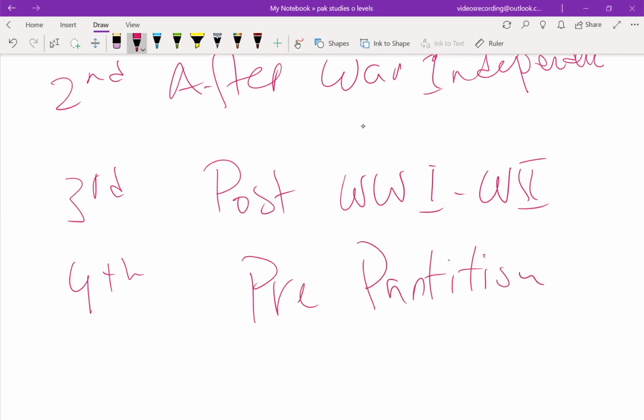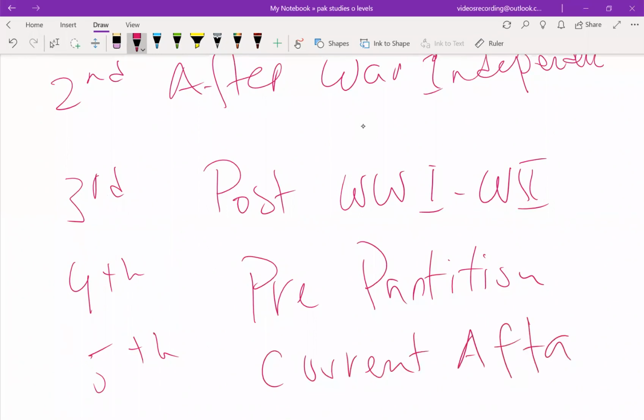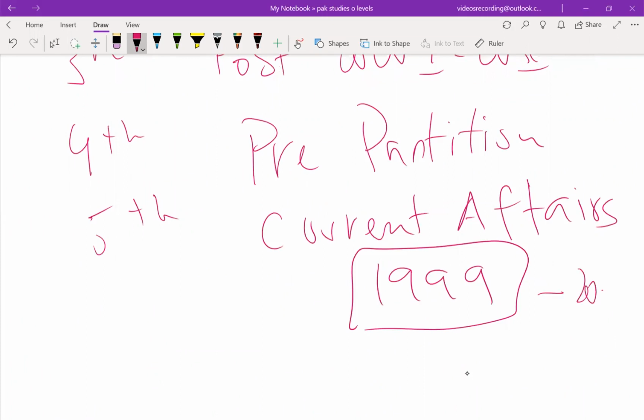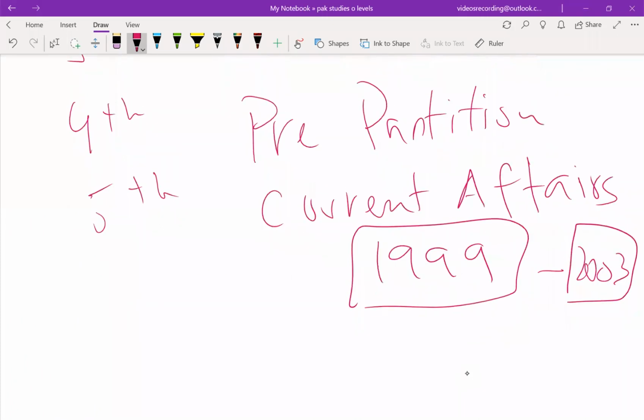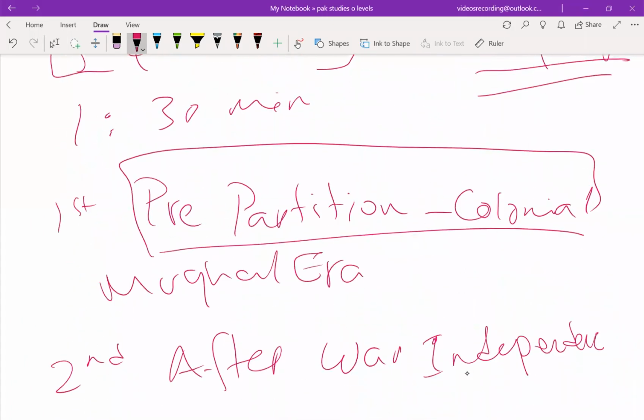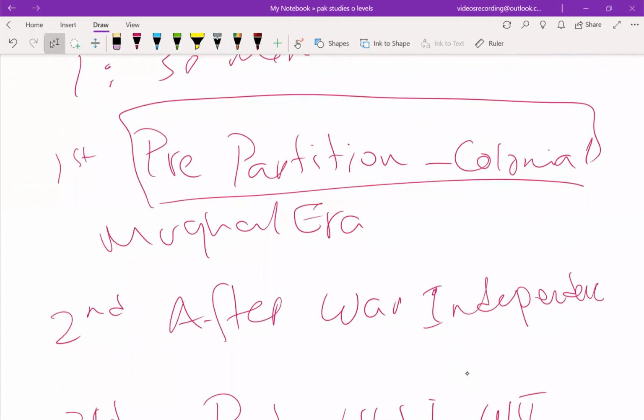And the last section is usually about current affairs, as to what is happening at present, which usually ends from 1999 to 2003 probably now.